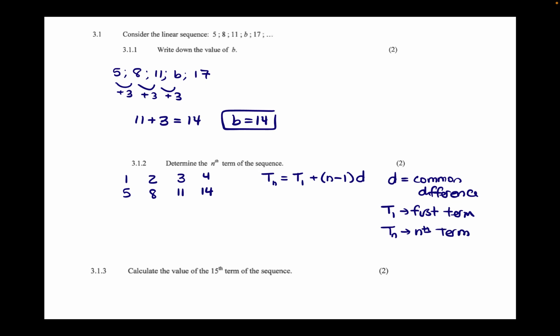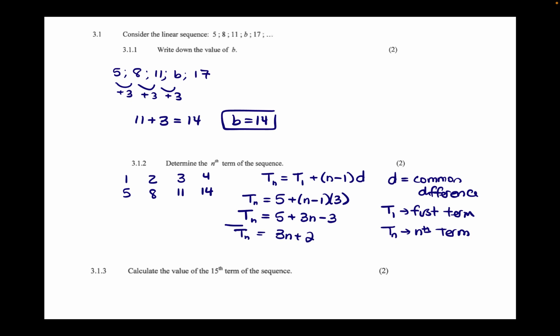This is a logical formula that we have to take the first term, which in this problem was 5, and then add to it n minus 1 times the difference, which is 3. We can simplify that formula for the nth term by distributing the 3 and combining our like terms.